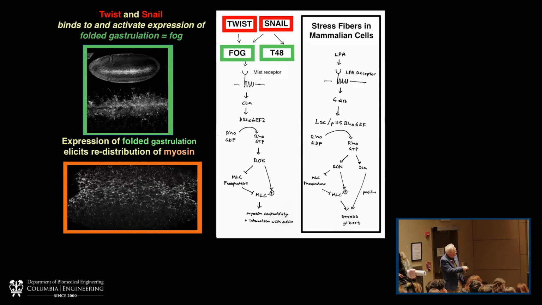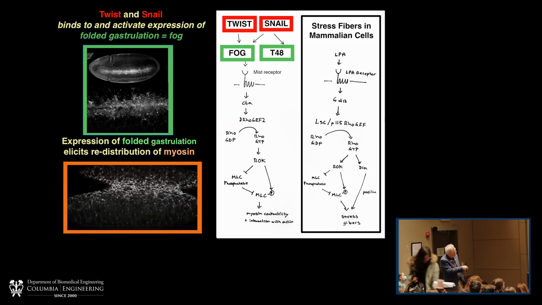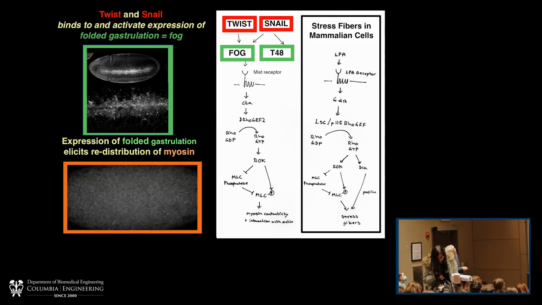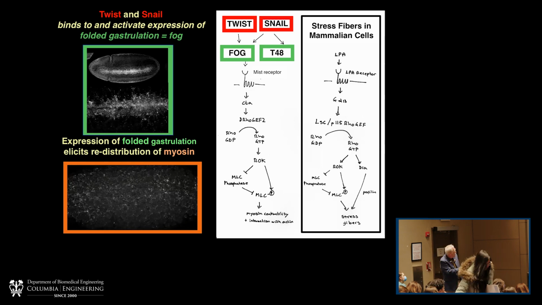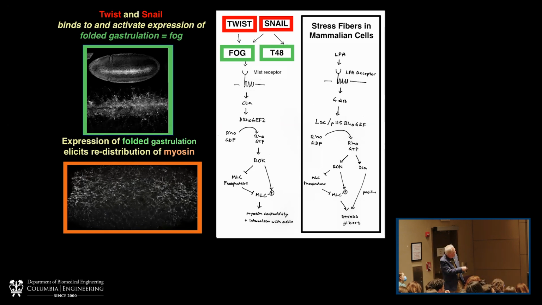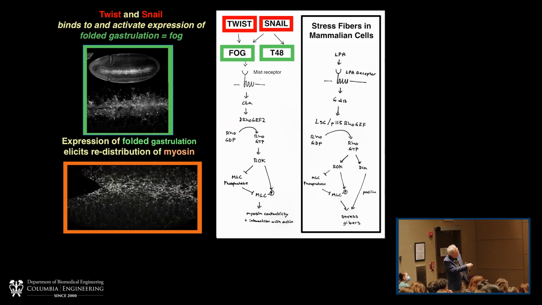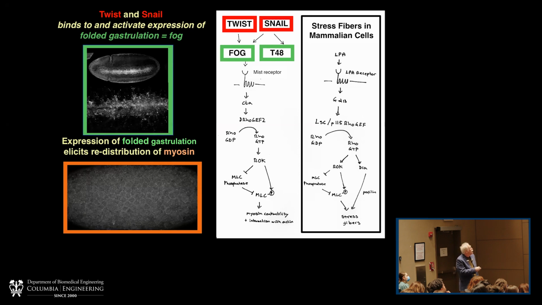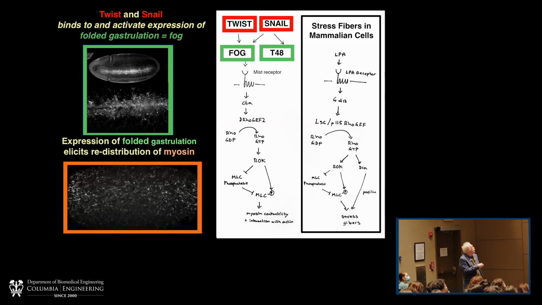And we can see the accumulation of folded gastrulation in the ventral furrow drives the accumulation of myosin and the constriction of the cells. Now, the way the pathway works, and this will be just a little bit, that folded gastrulation is a secreted protein. T48 is an internal protein.